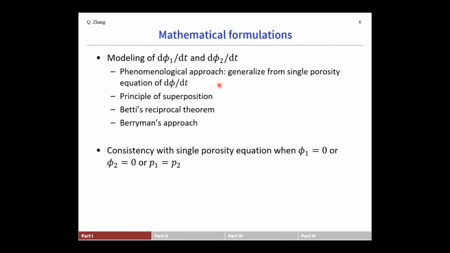The second approach is based on the principle of superposition. The third approach is Betti's reciprocal theorem. And the last approach is Berryman's approach. For all the approaches, we require that they should be consistent with the single porosity equation when either phi1 or phi2 vanishes or p1 equals p2.